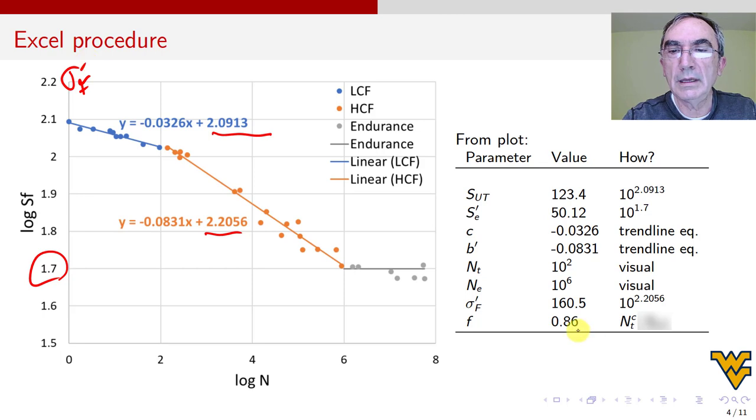And then f, we can do this calculation and you get 0.86. 0.86 is reasonable because I know the f's are usually between 0.8 and 0.9, maybe a little lower than 0.8. So this is reasonable, okay? From Excel, it's very, very easy.